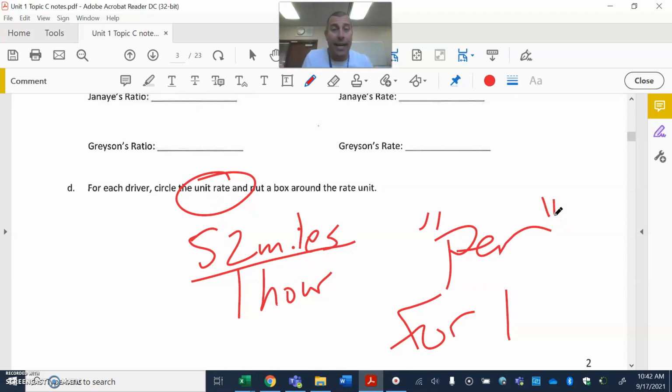Grocery store, bananas, 29 cents per pound. Going to the gas station, it's $3.89 per gallon. So we see that a lot in our world. All right, people, so there's your rates, there's your unit rates. We're taken care of. We're out of here.